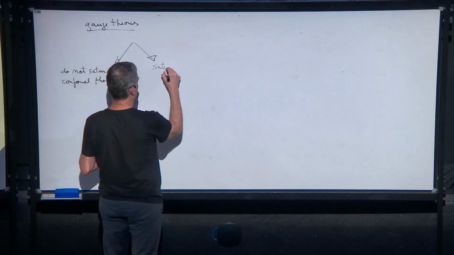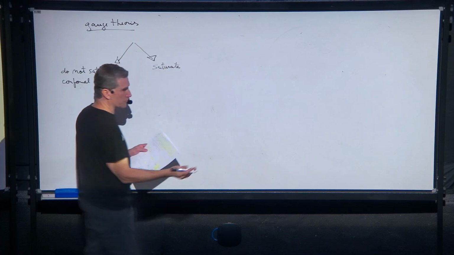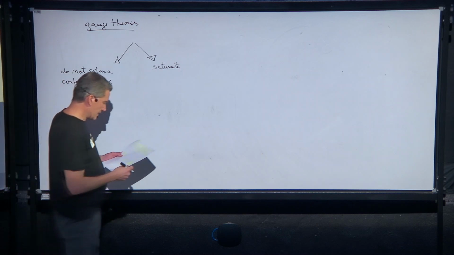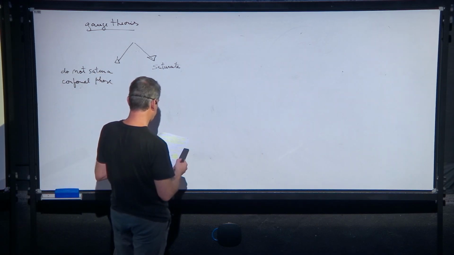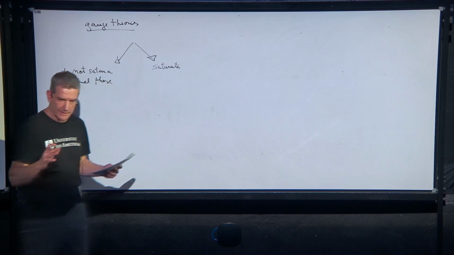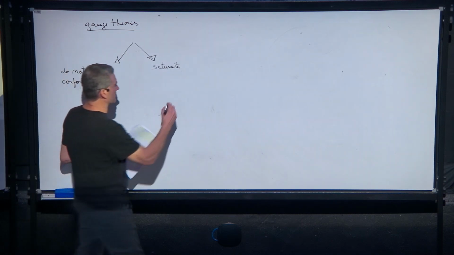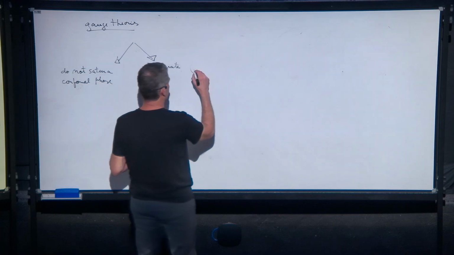In the other case, they saturate either to 0 or to log G. And in that case, they saturate independently of the geometry, so the details of the geometry don't matter.